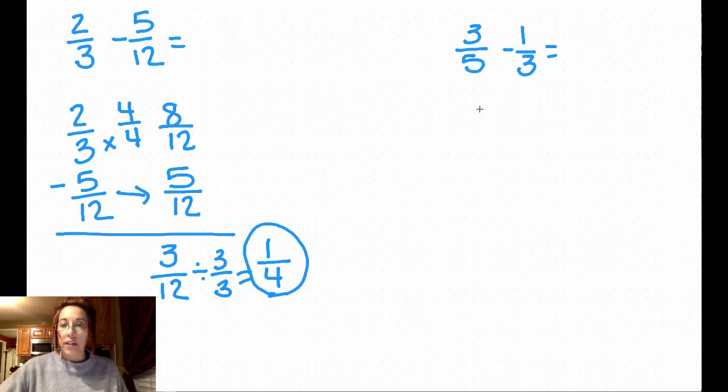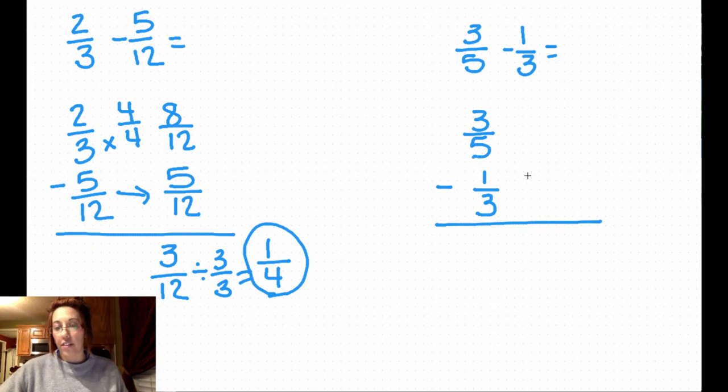So let's look at this next one. We have 3/5 minus 1/3. 3 will not go into 5. The next multiple of 5 is 10, and 3 will not go into that. And then we have 15. I know 15 will work because 5 times 3 is 15, and 3 times 5 is 15.